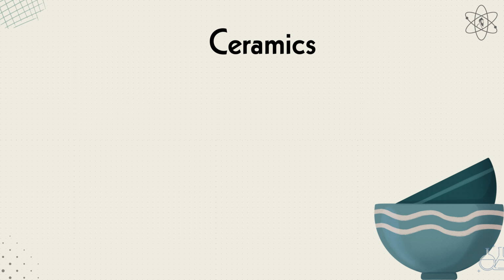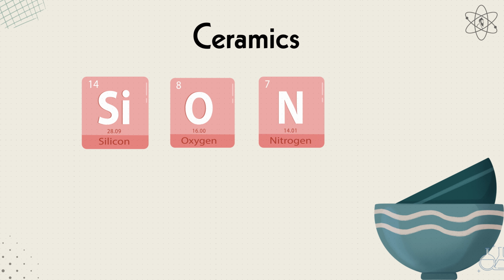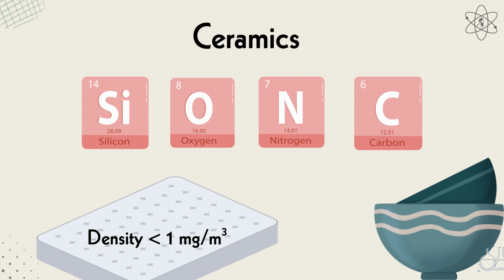Ceramics typically fall in between, made from light atoms like silicon, oxygen, nitrogen, or carbon. The lowest densities, below 1 mg per meter cube, are found in forms where much of the volume is just empty space filled with air.